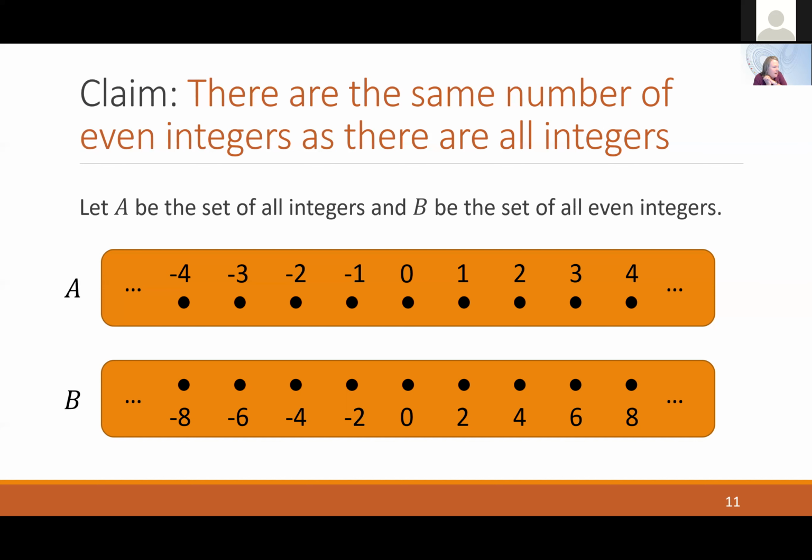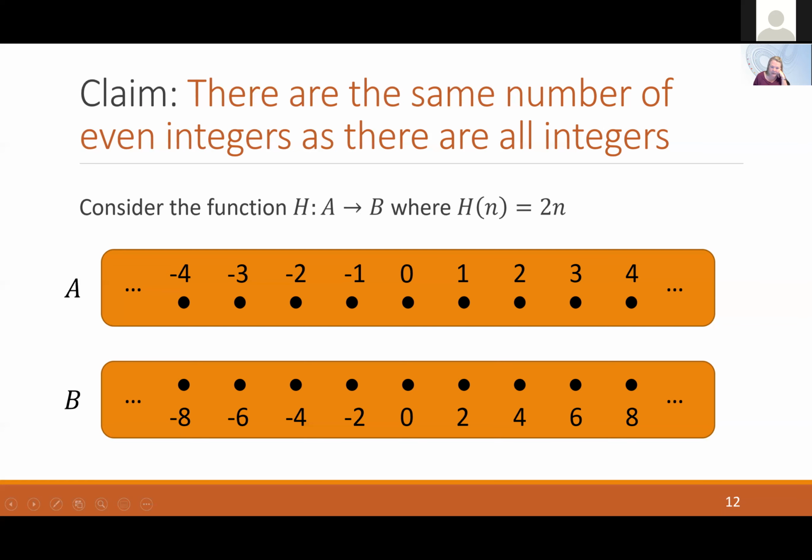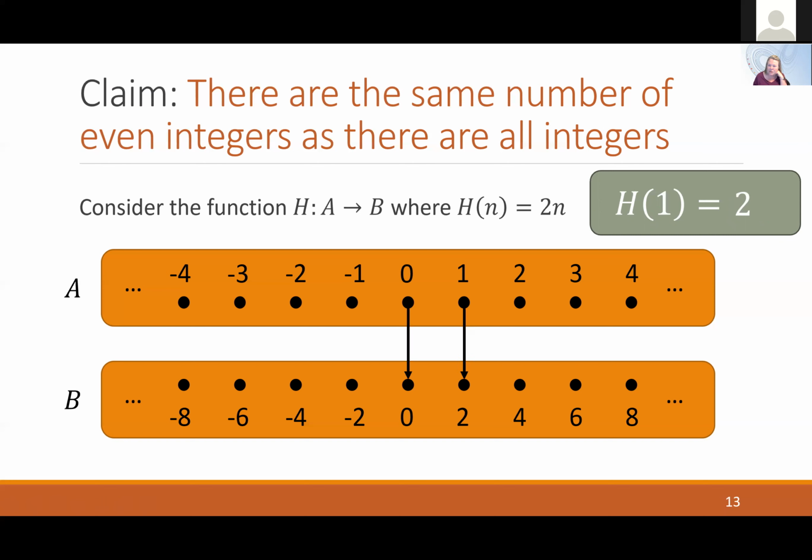Okay, 2 times A. I'm seeing a lot of different ways to capture the same idea. That's awesome. Simply, I could take each of the members of set A and multiply them by 2. So for example, h of 0 would be 0, h of 1 would be 2, h of -1 would be -2, and so forth.